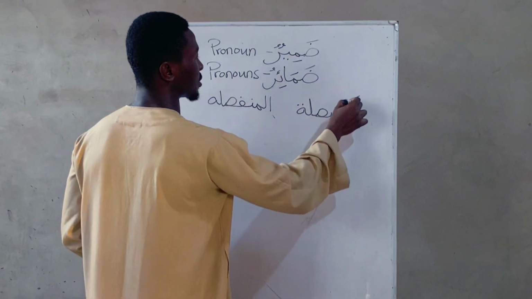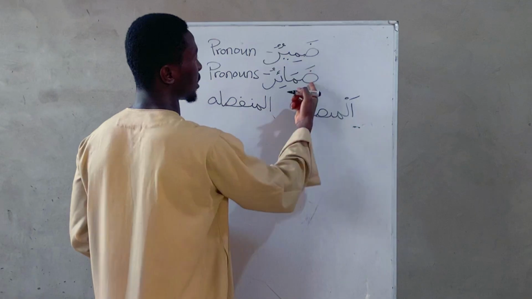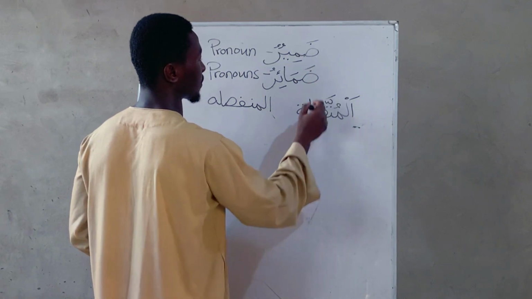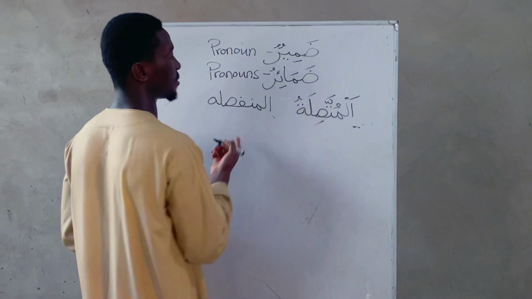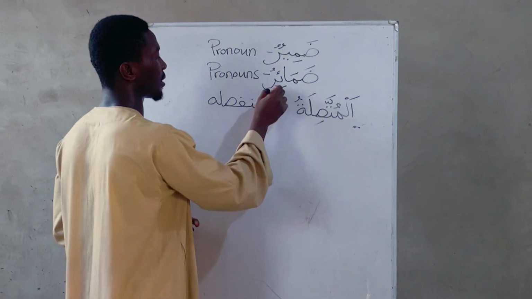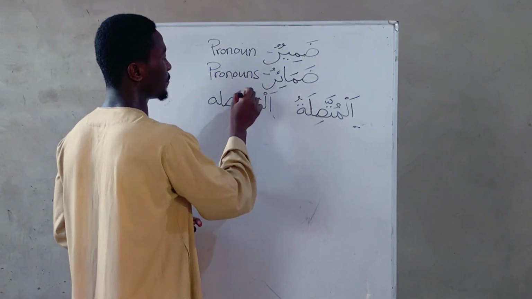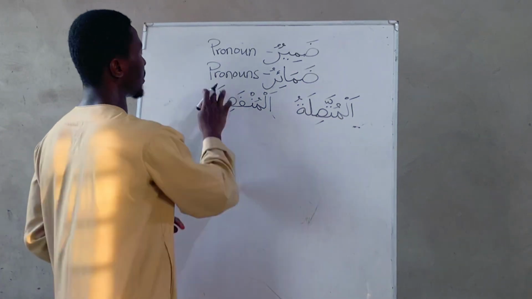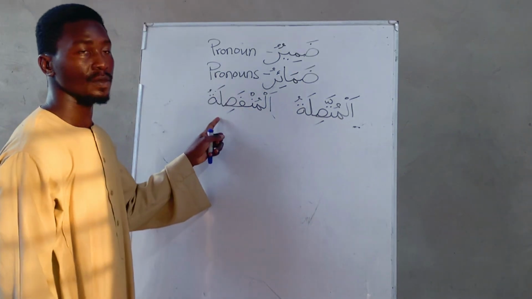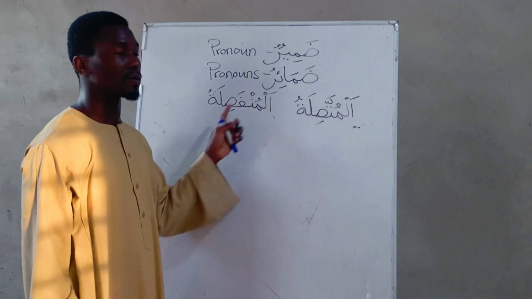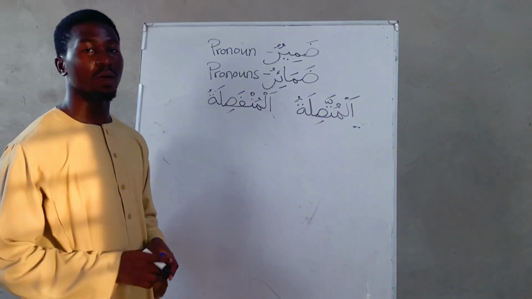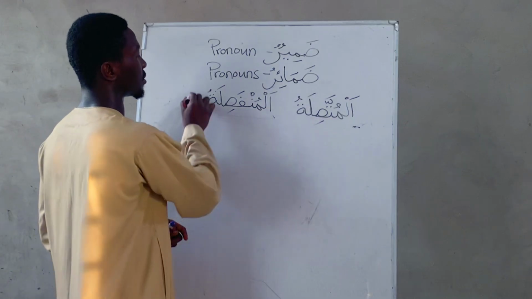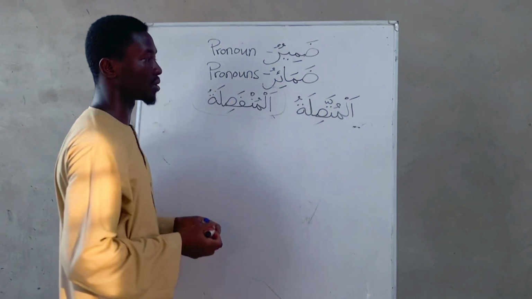So these are the two main types that we have. Which ones are we going to focus on? They are these ones. Those are the ones we are going to focus on.